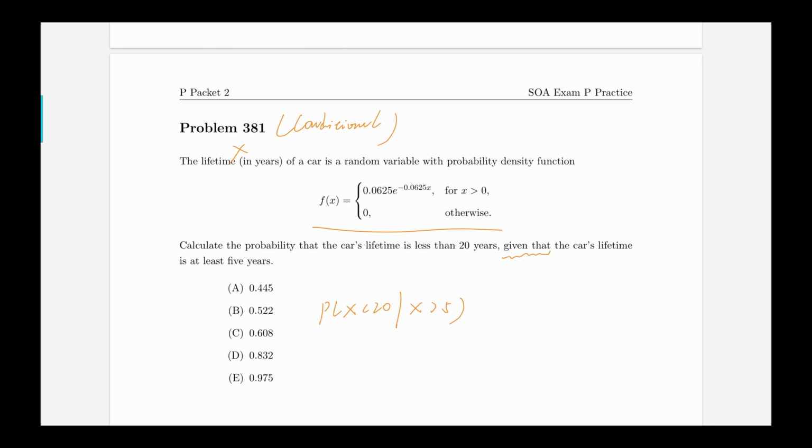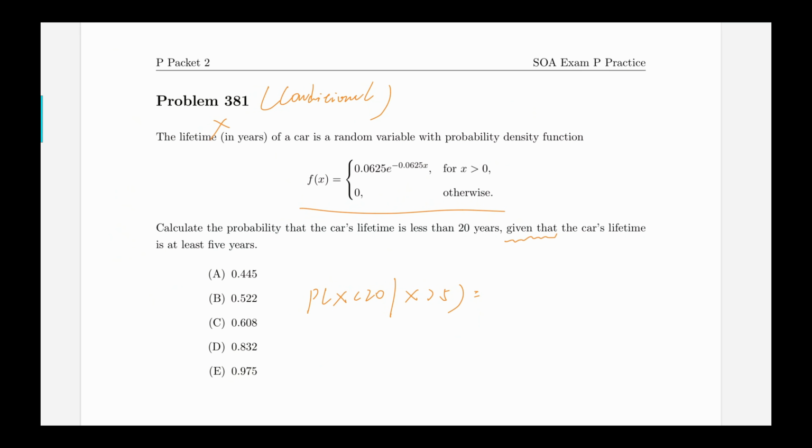Okay, so this is what I want to find, and we know that x is modeled by this probability density function. According to the definition of conditionals, this equals P of x greater than 5 in the bottom, and the probability of x less than 20 and x greater than 5 on top. I can rewrite that a little bit so that things will make more sense.